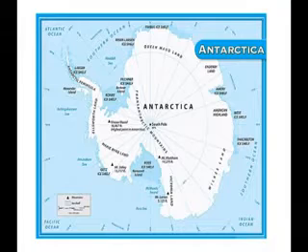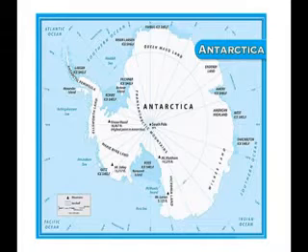Let us see what the temperature is. The temperature can go below minus 89 degrees Celsius. Therefore it is not suitable to survive in the Antarctica continent. It is completely enclosed within the Antarctic Circle.